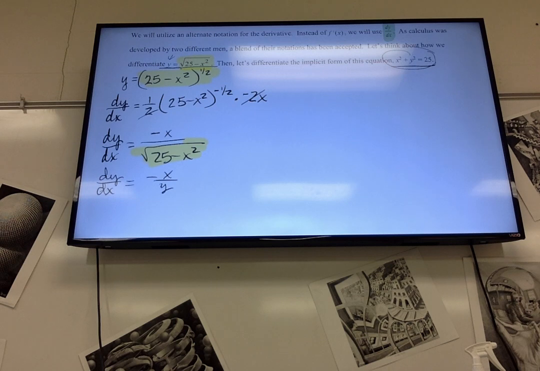Now it's dy dx, so we're taking the derivative with respect to x. We start with x squared. The derivative of x squared is 2x, and if I had to take the derivative of the x on the inside, it would just be 1. Plus, the derivative of y squared: you treat it just like you would an x, so 2y, except we also have to take the derivative of y with respect to x. So that's dy dx.